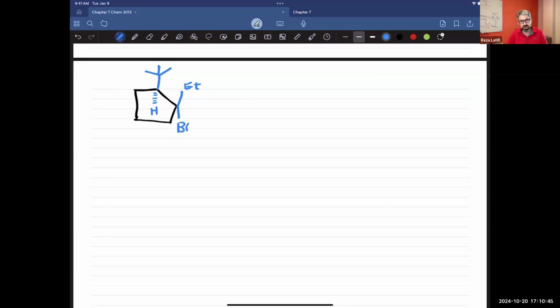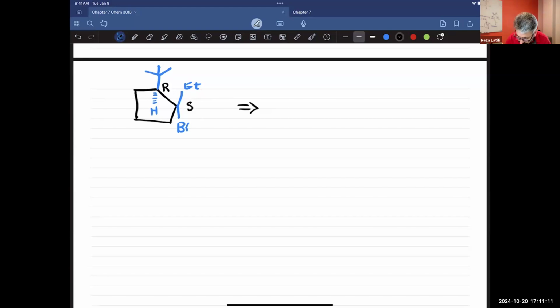The bromide is down. Again, for these, I have 1, 2, 3. This one will be S configuration. If I look at it from that side, I get 1, 2. Yes, it's S configuration. And here we have 1, 2, 3. That's going to be our configuration.